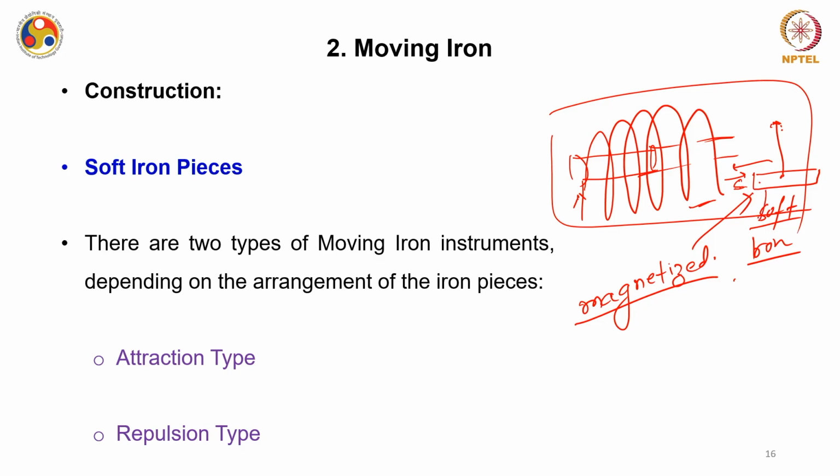When you bring this magnet, depending on its polarity, it can attract or it can repel. We will see what it means. If, for example, it is attracting, the pointer will have a certain movement. Based on that movement, you will have a measurement, whether you are trying to measure current or voltage.